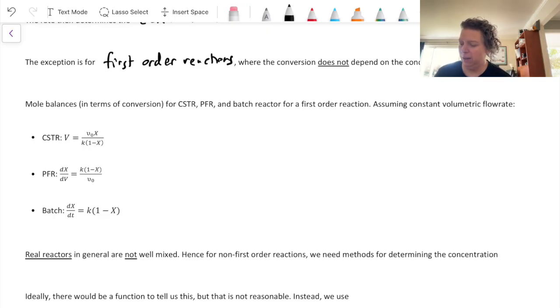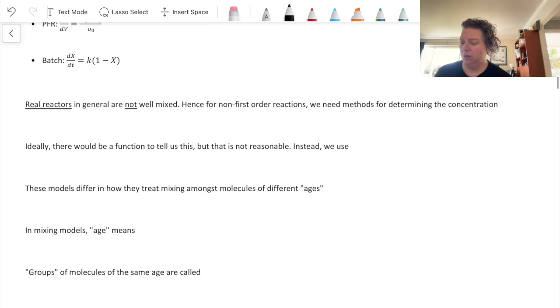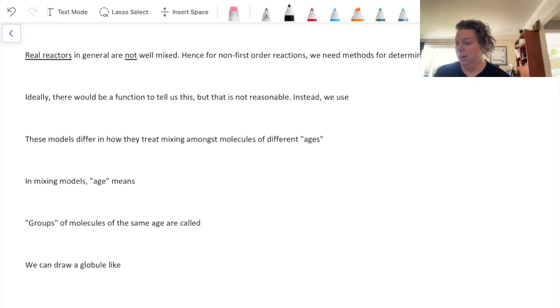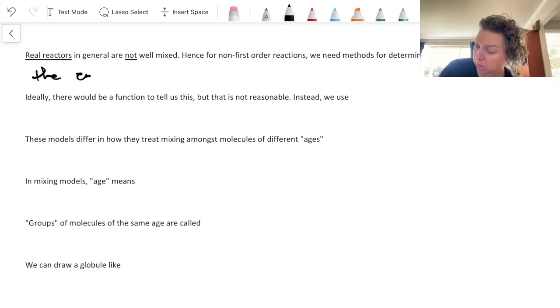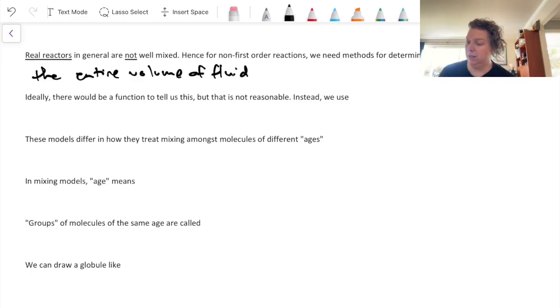We've been talking about ideal reactors. In general, real reactors are not well mixed. And hence, when we have reactions that are something other than first order, we need some way to know the concentration over the entire volume of fluid. In an ideal reactor, we know this because the concentration over the volume of fluid is uniform.